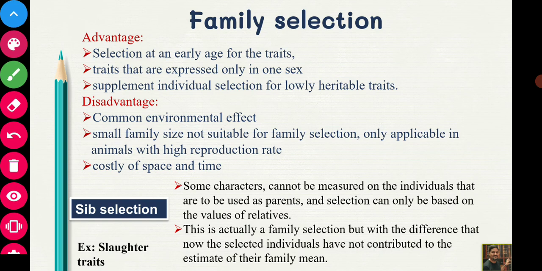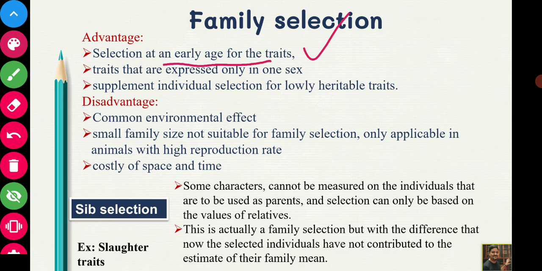Now the advantages of family selection. What are the advantages of family selection? If you have understood the concept of family selection methodology, then you can answer this question. You can select individuals at an early age. Why? Because you are selecting the whole family, and this whole family includes the progeny also.